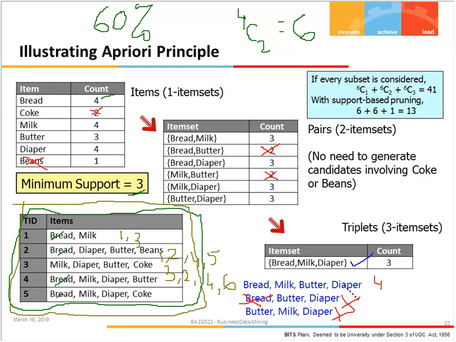Suppose there are 5 items in the transaction and the item set size is 3. Then it is possible that we need to make 15 comparisons before we can decide whether the item set is supported by the transaction. Is that understood? We have to make 15 comparisons because the transaction has 5 items and the candidate item set has 3 items.